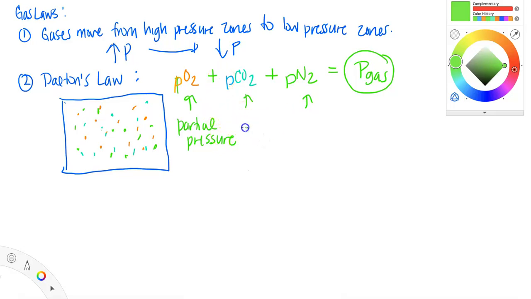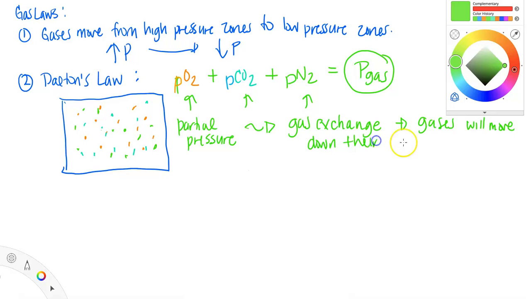So that is what helps us understand how gas exchange works. Because the gases will move down their partial pressure gradients.